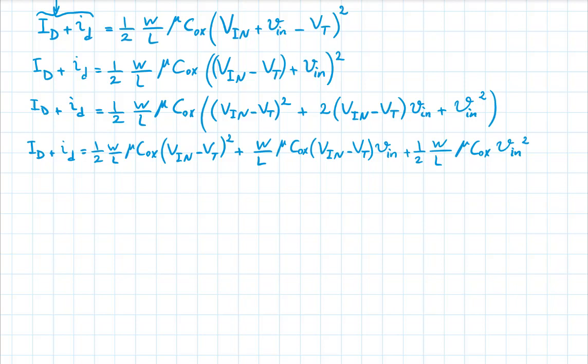What should I do next? Or is there something you can observe from right here? Is there a simplification that you can observe, or a next step that you can suggest? Well, here's a question. What is capital I sub capital D?